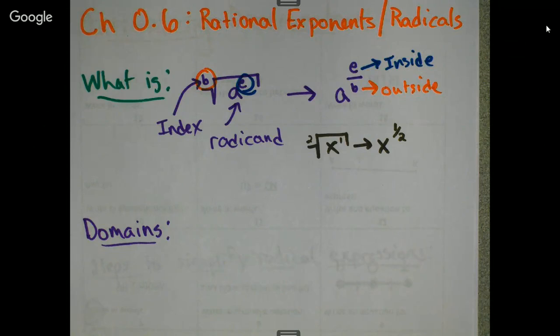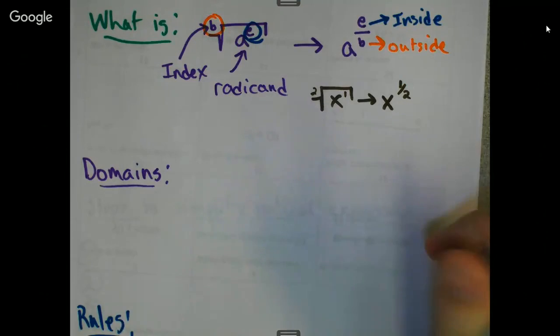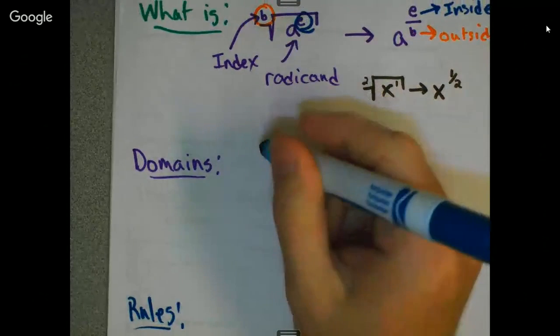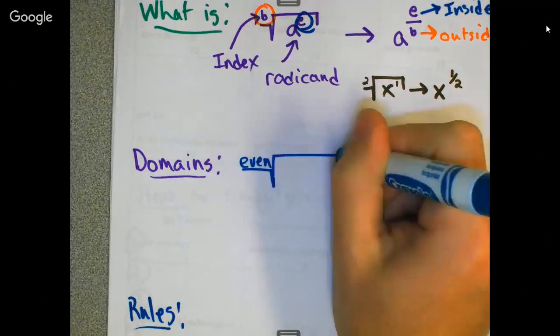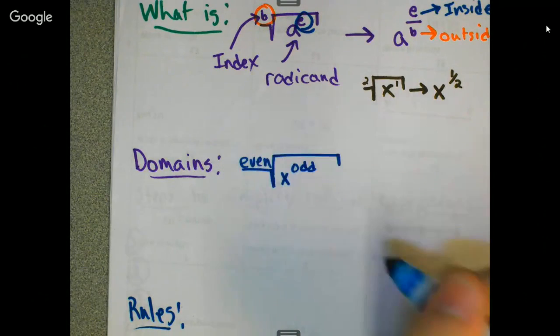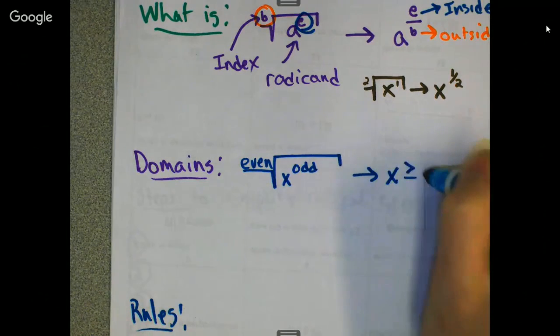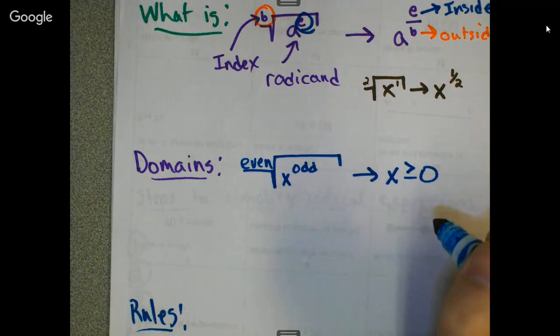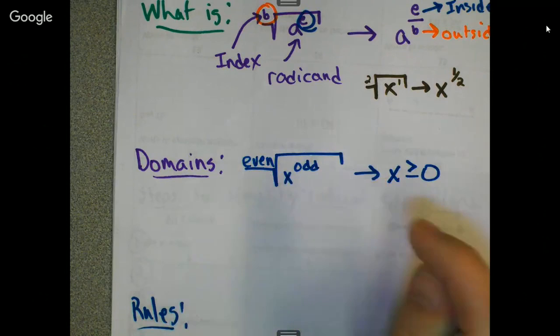We do have some domain restrictions on these, and I want to outline those real quick. We can have several cases. Let's say we have an even index and a variable raised to an odd power. In this case, x has to be bigger than or equal to 0, because you can't have a negative number under an even index.